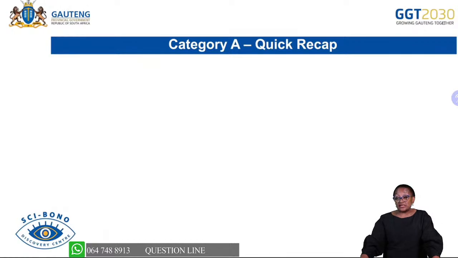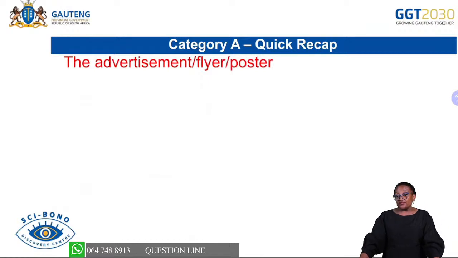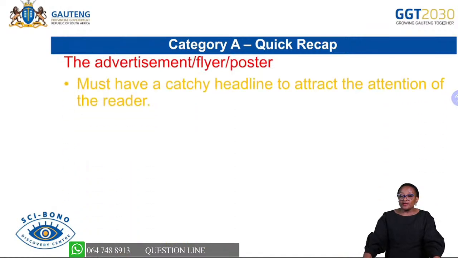Let's do a quick recap on category A, which is an advert, a flyer, or a poster. It must have a catchy headline to attract the attention of the reader. It needs to inspire some action.